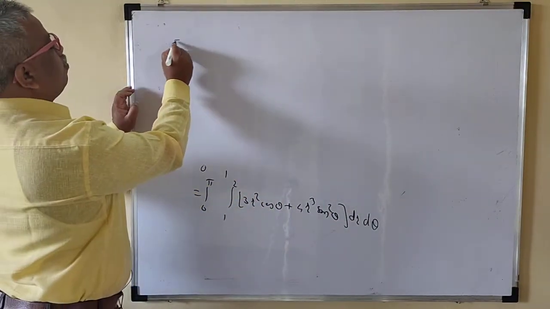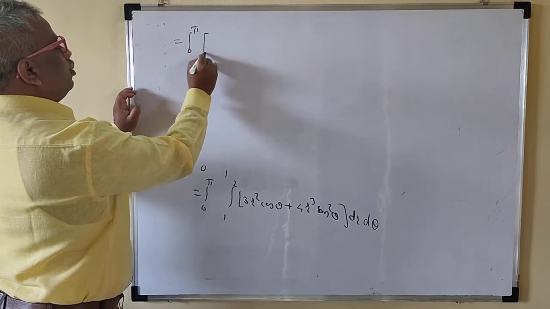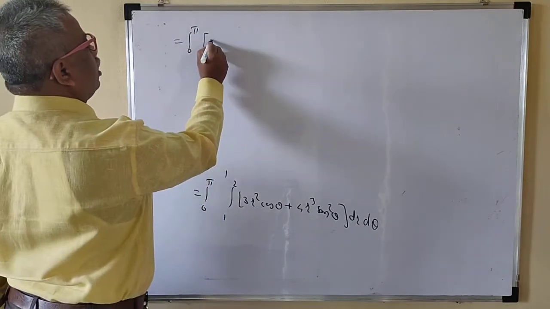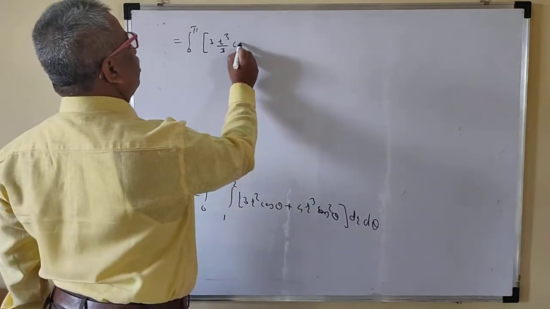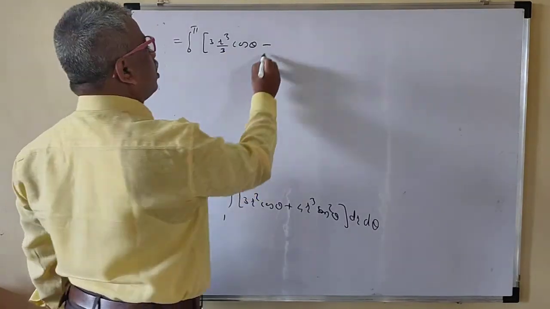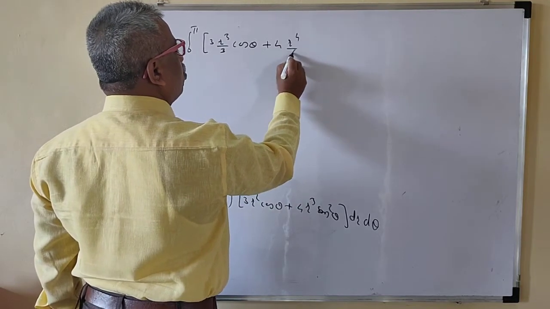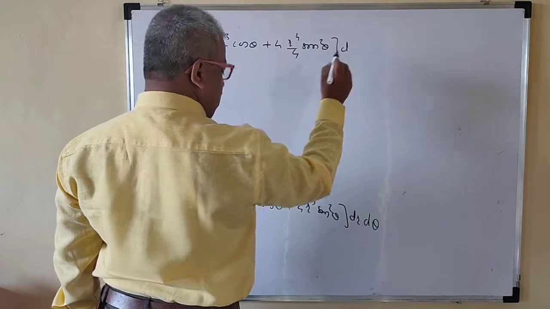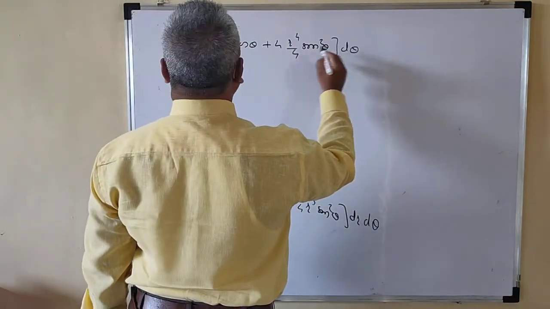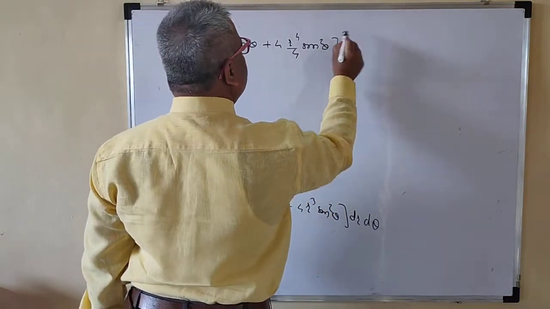So this is equal to the integral from 0 to pi of 3 r cube upon 3 cos theta plus 4 r to the power 4 upon 4 sin square theta d theta, with the limits of r from 1 to 2.